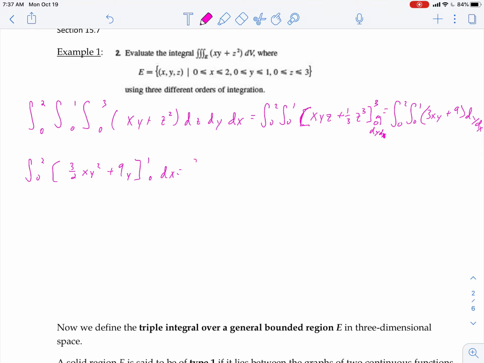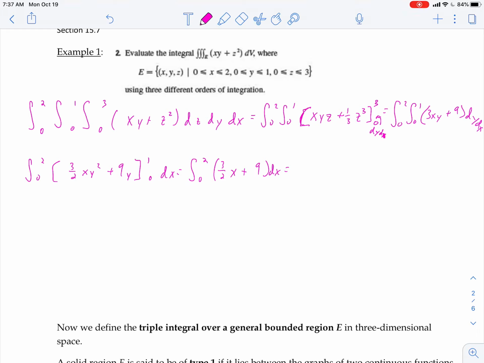All right, and now go ahead and plug in. So plug in 1. This is going to be 3. So integrate from 0 to 2. We're going to have 3 halves x plus 9 dx, and then integrate that.